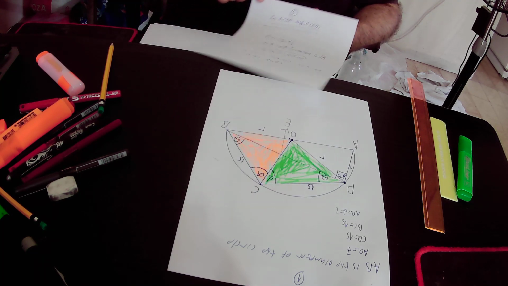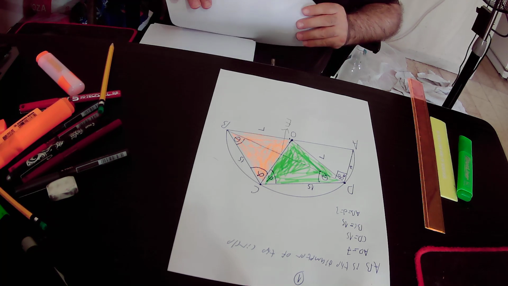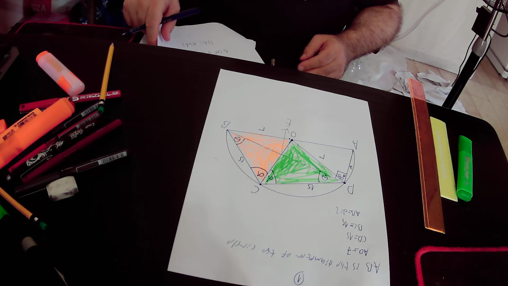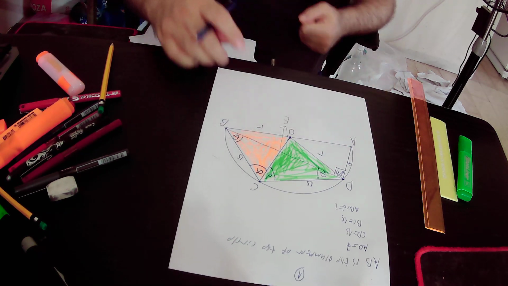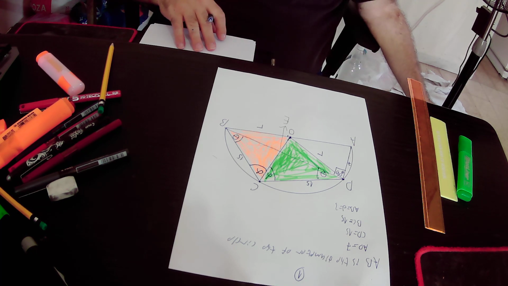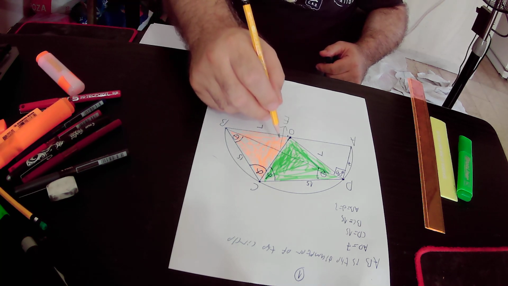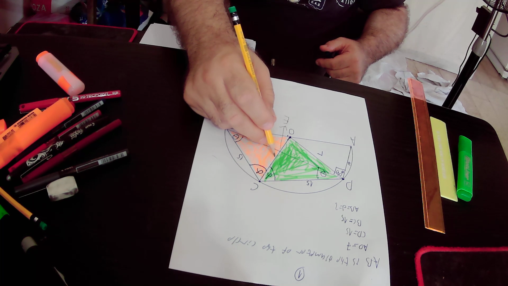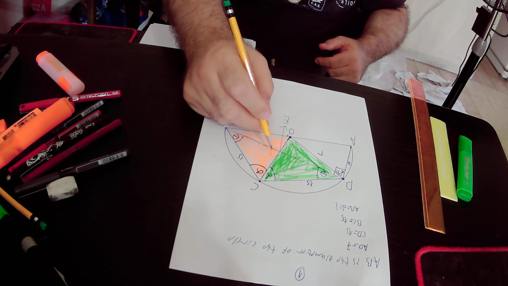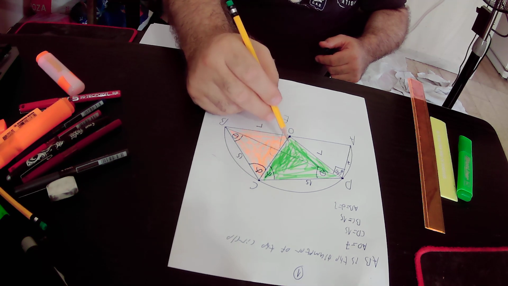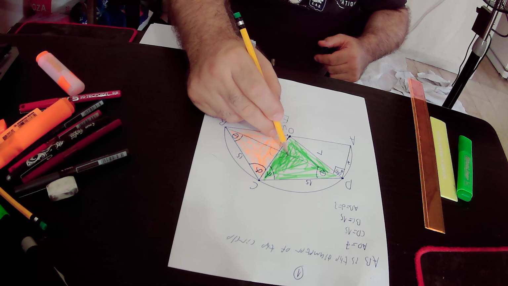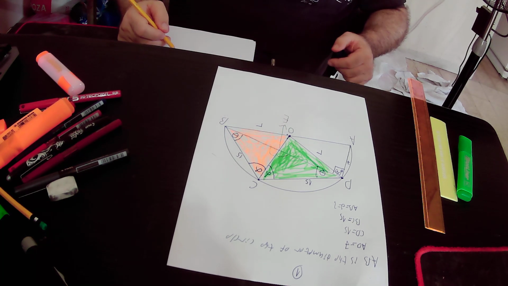From the fact that those two triangles can coincide with each other, we can deduce that angle CEB, this angle, equals angle CED, this angle, according to the rule that corresponding angles in congruent triangles are equal to each other.